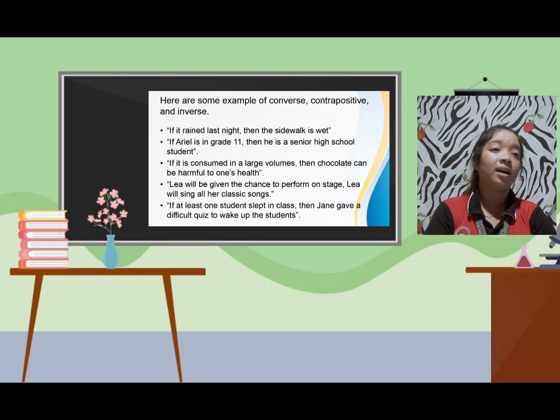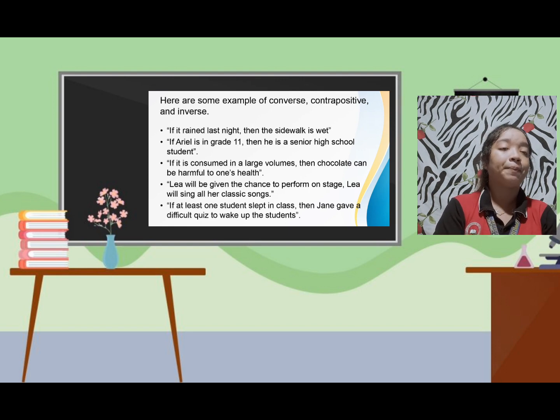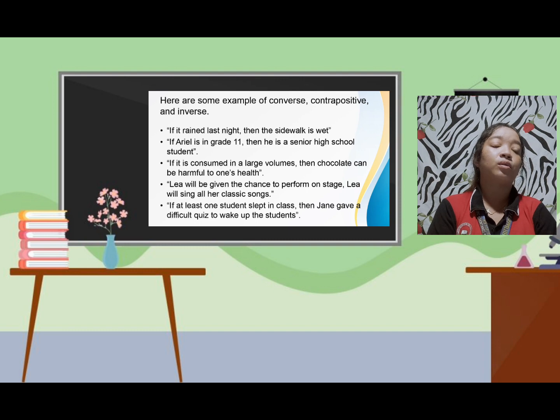And to find the inverse, you need to find first the negation of P implies the negation of Q. So the inverse is: if Ariel is not grade 11, then he is not a senior high school student. Did you get my point?